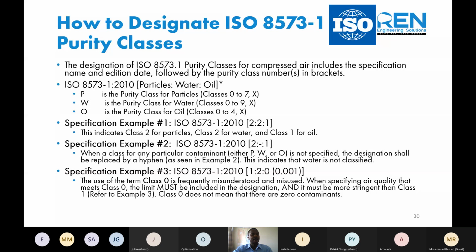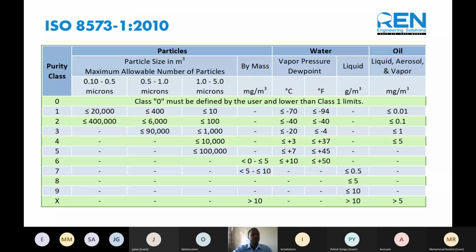It means class 2 for particles, class 2 for water, and class 1 for oil. So going back to our table, class 2 for particles is defined by less than or equal to 400,000 particles between 0.1 and 0.5 micron, less than 6,000 particles between 0.5 and 1 micron, and less than 100 particles between 1 and 5 micron.